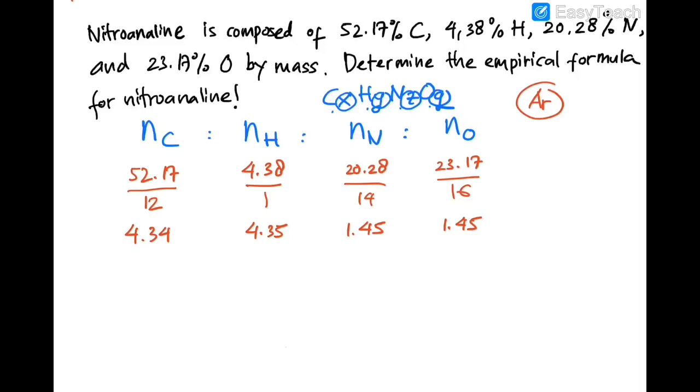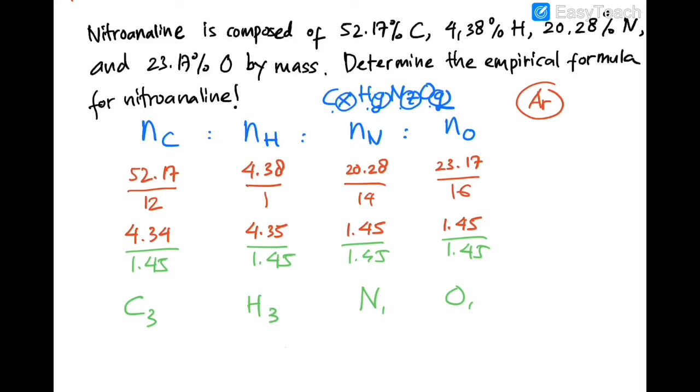So in this case, divide it with, of course, 1.45. And then after that, you round them up. So in this case, you will get N 1, O also 1. And actually, if you divide 4.34 with 1.45, you will get more or less 3. So carbon 3, hydrogen is also 3.